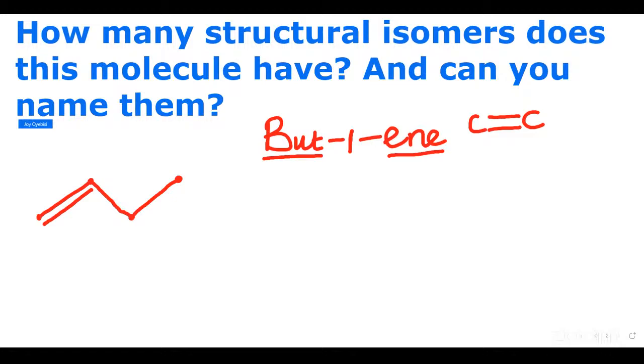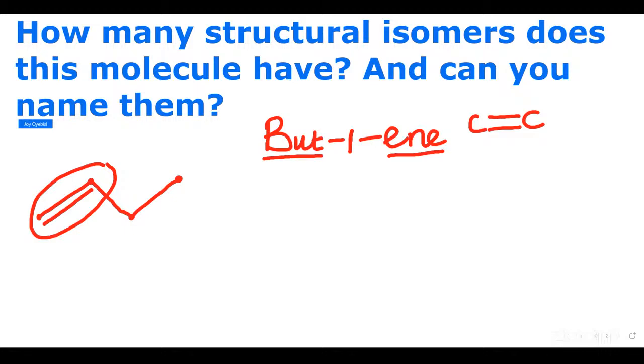Okay, so let's go ahead and solve this. When we talk about positional isomers, it's more about the position of either the branch, if the branch was originally there, but in this case, it's more about the functional group, the alkene functional group.